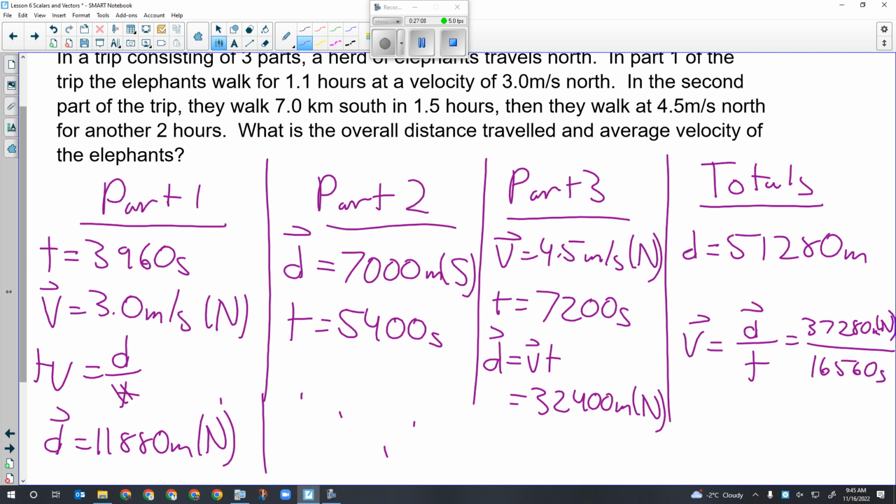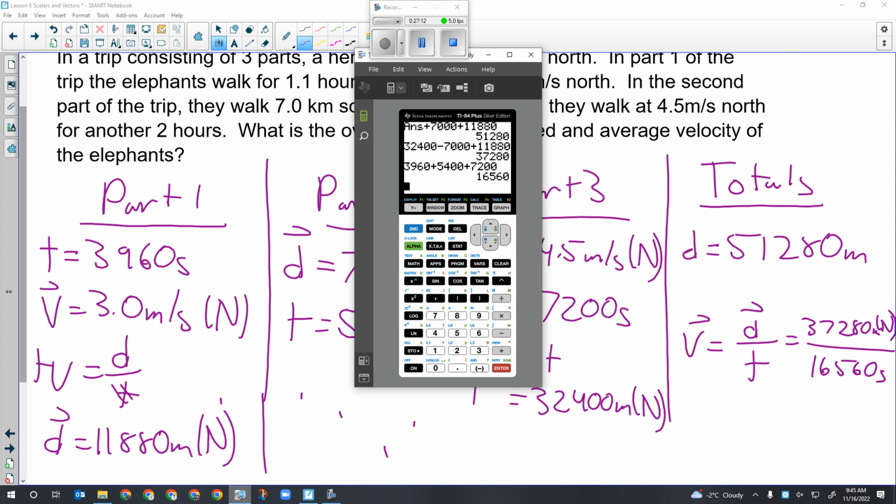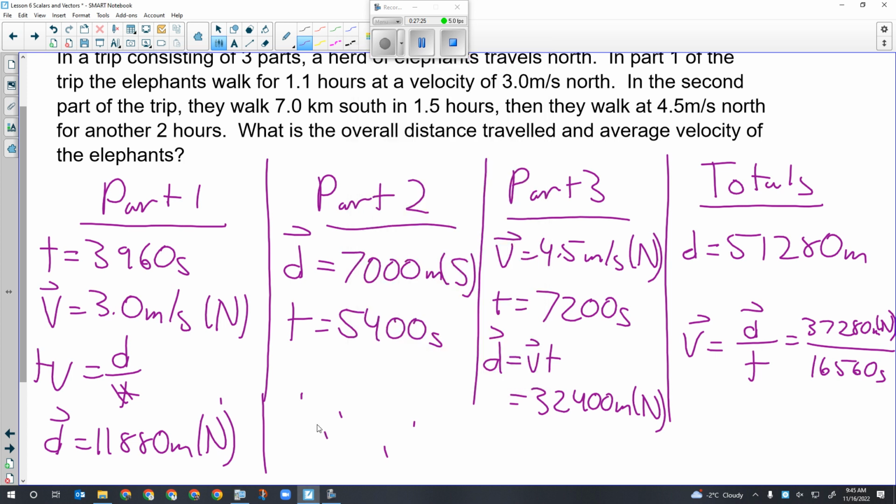seconds. Now I can get my average velocity. I simply divide those two things. So the average velocity of the elements is 2.25, actually, sorry, 2.3 meters per second north.